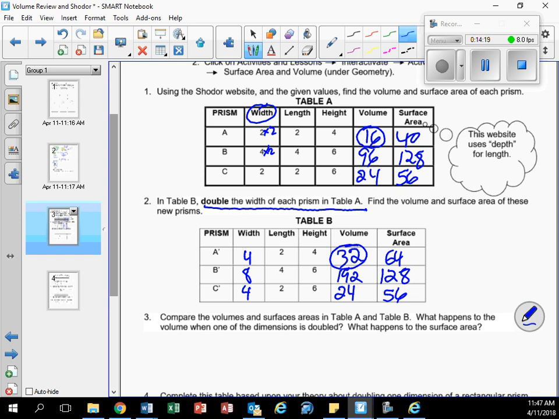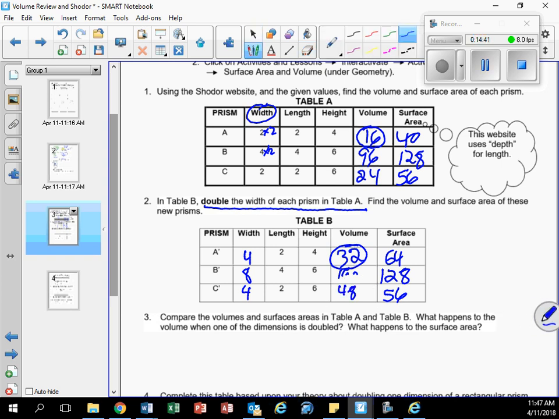Now, let's say if we multiply 96 by 2, does that give us 192? It does. If we multiply 24, I think I put the wrong number here. That should be 48. Yes, sir. That should definitely be 48.